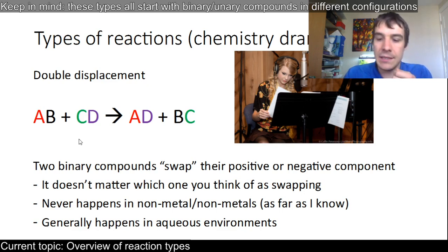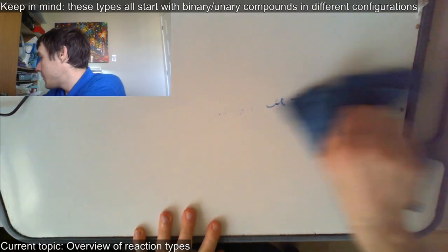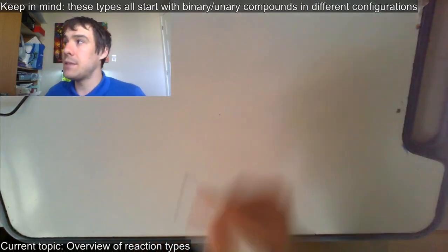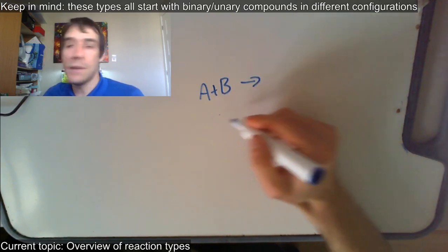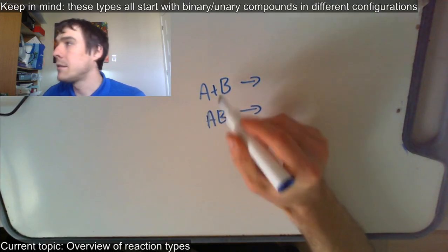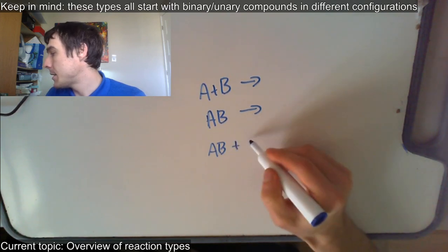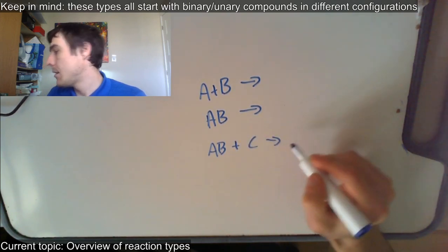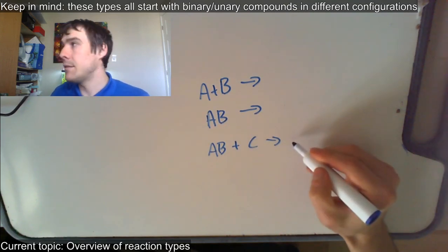And please note that these types all have different kinds of starting materials. So we can actually tell what kind of type it's going to be without seeing the whole equation, right? If it's A plus B, well, it's got to be synthesis. If it's just AB, well, all they can do is fall apart. If it's AB plus C, and C is a positive, then it's going to single displace.